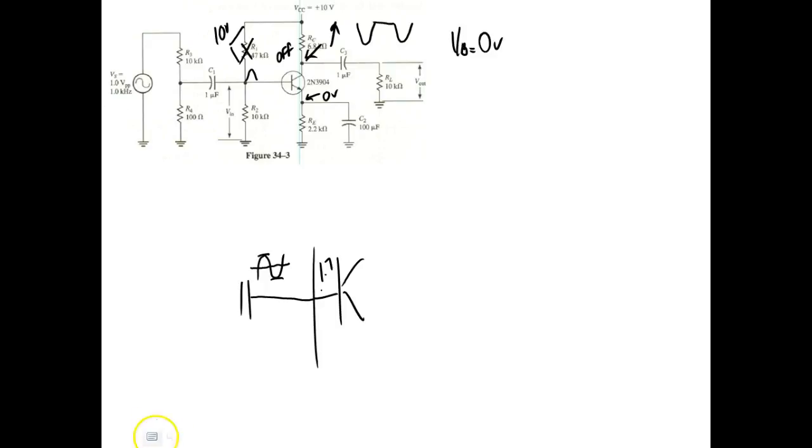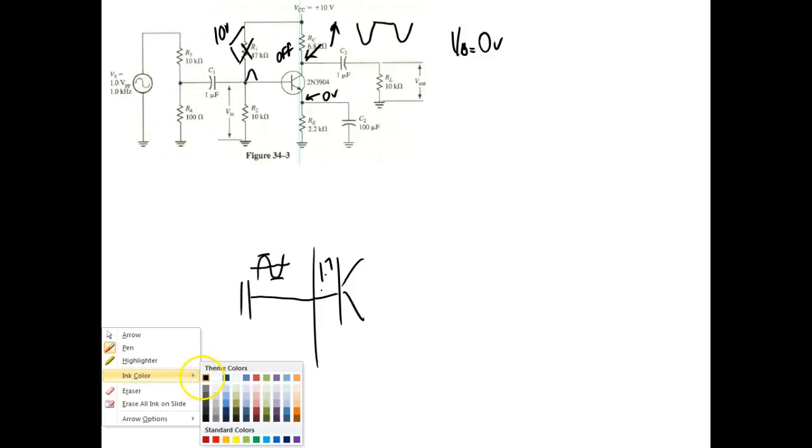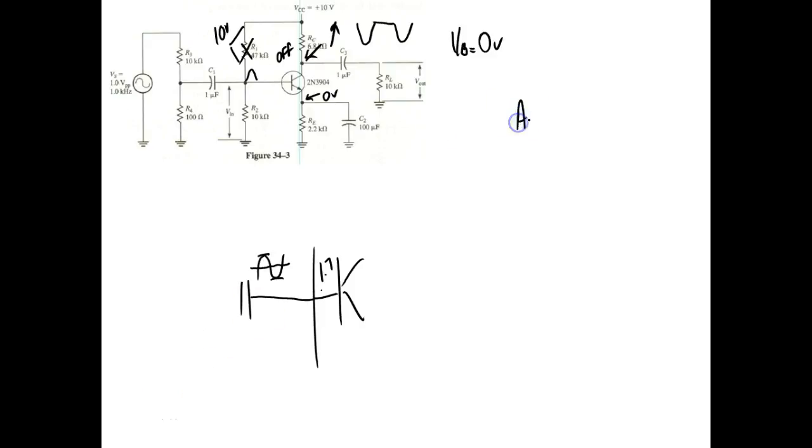A while ago, we know that gain, AV, and we've got it bypassed, so AV would be equal to R out over RE prime. So you're right, the gain is going to change.